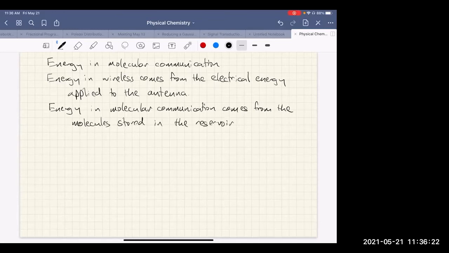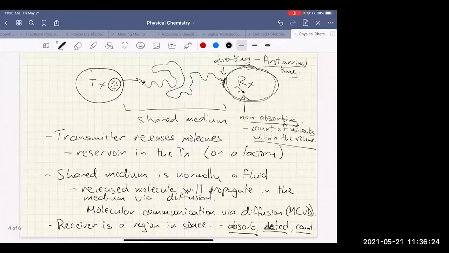So let's go back a couple pages here. Remember our reservoir right here. That reservoir is where I store the molecules that get transmitted. Once those molecules leave, they propagate by Brownian motion.